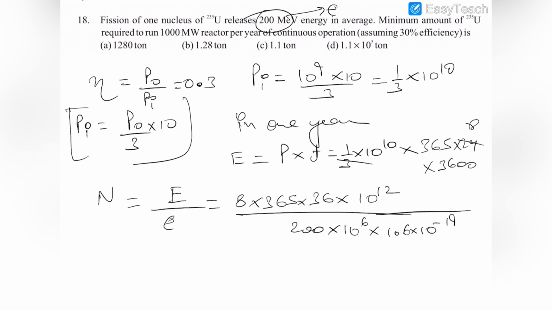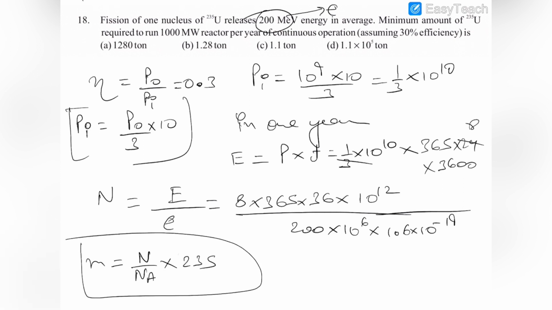So the mass of uranium required would be N upon Avogadro number into molecular mass of uranium, which is 235. So this is the M, and this M would be in grams. So by substituting these values, the correct answer would be option number B, which is 1.28 ton of uranium. Now we move on to the next question.